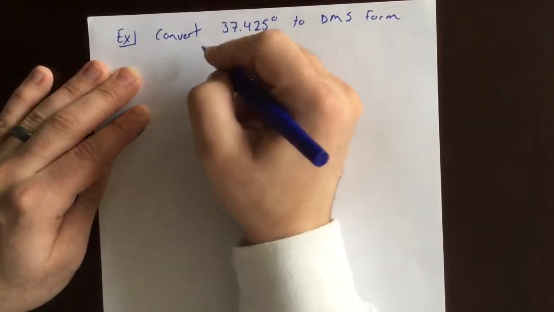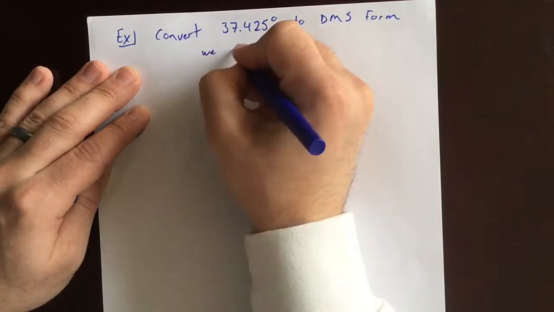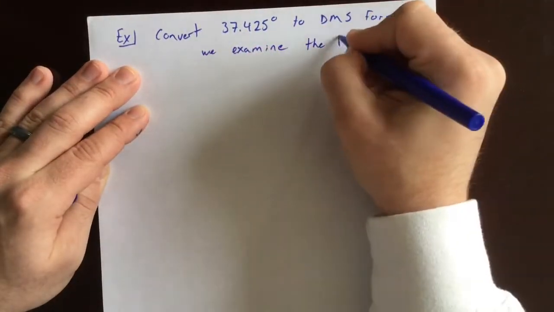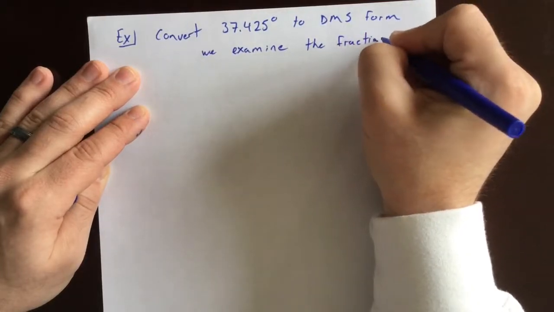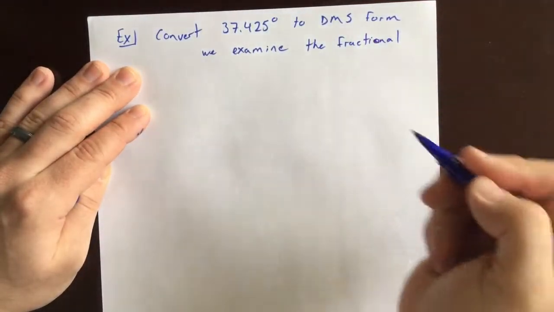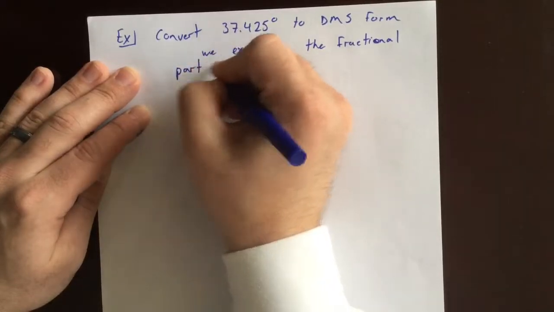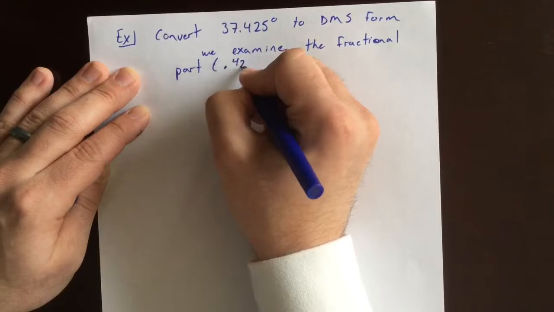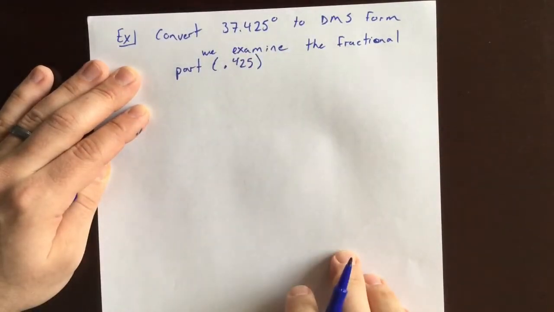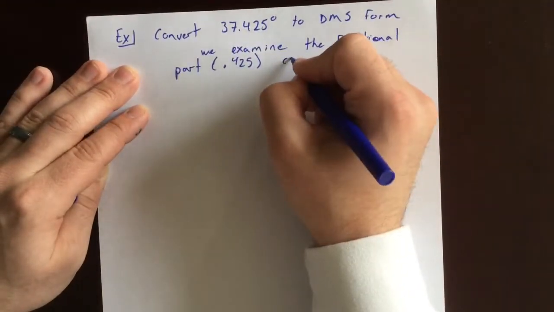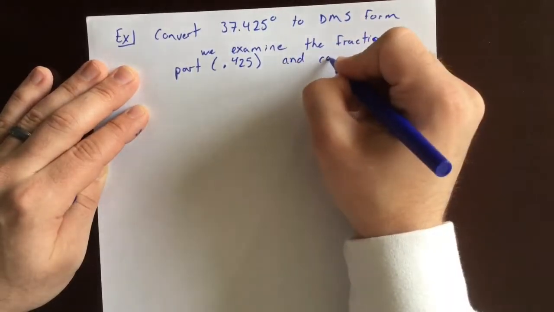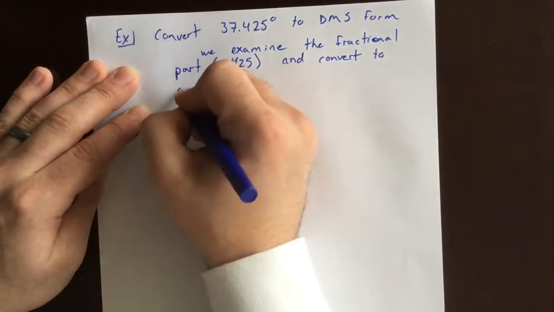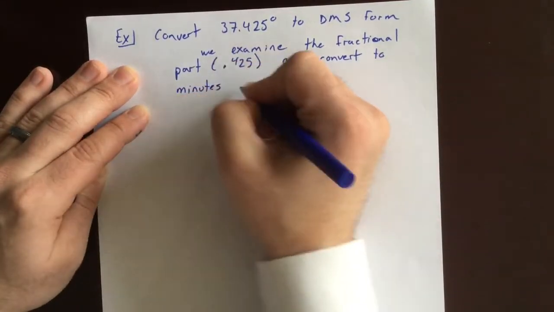So the first thing we do is we examine only the fractional part. So in this situation, only the fractional part would be the 0.425, okay? And we convert that to minutes and seconds.